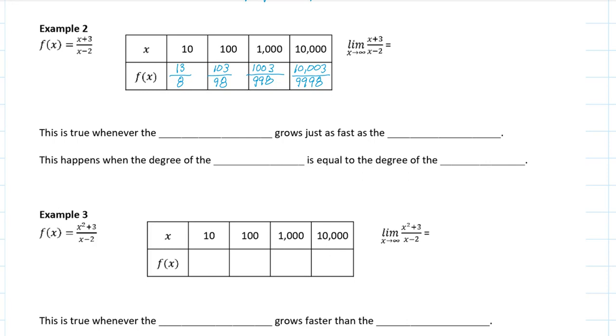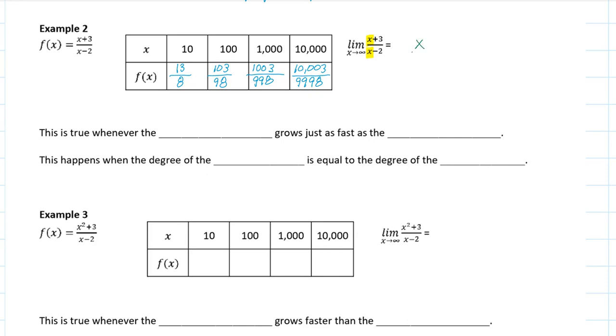Now 13/8, that's much bigger than 1. That's like over 1.5 right there. But as you look at some of these other numbers, 103 over 98, that's barely over 1. 1,003 over 998, that's even closer to 1. 10,003 over 9,998 is even closer to 1. So as x gets bigger here, again, go back to pre-calc. Look at the lead term in the numerator and the lead term in the denominator.